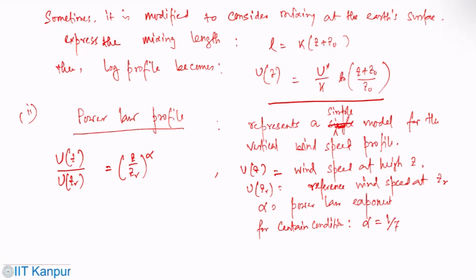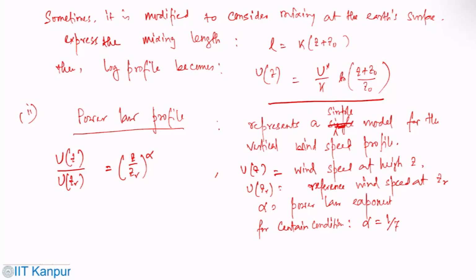But in practice, alpha is a variable quantity, and obviously it would vary with height and other things.